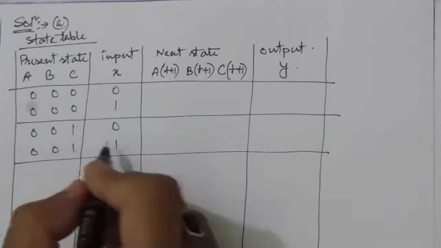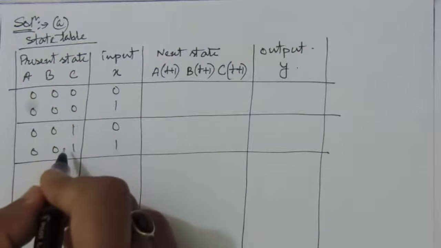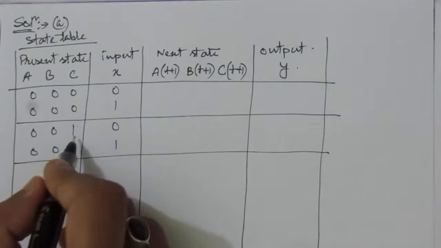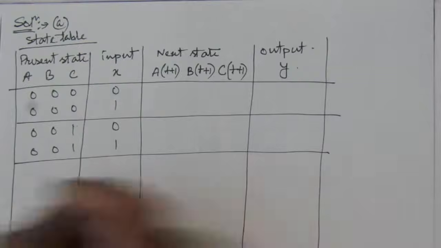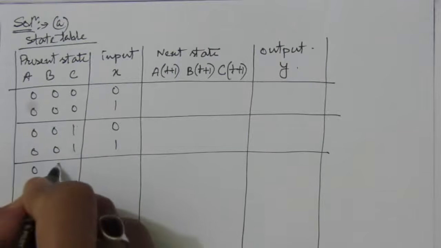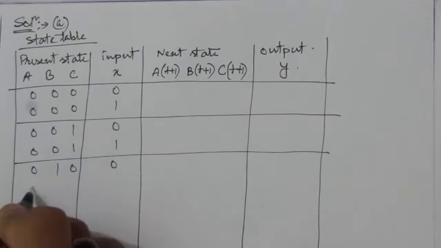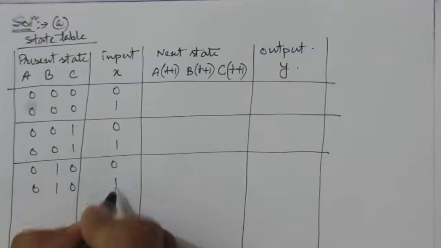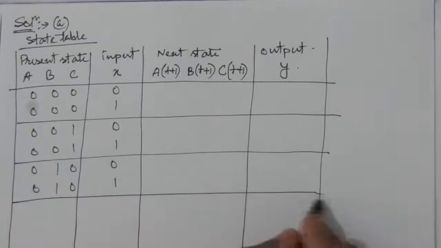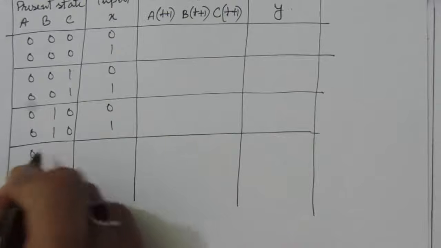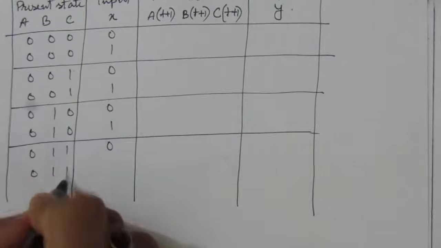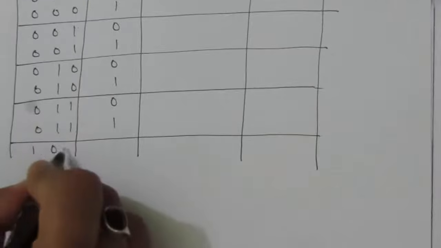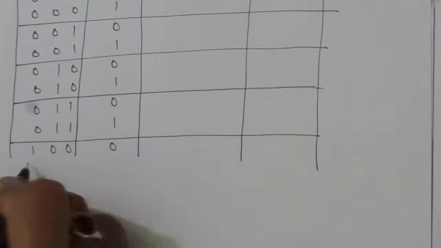This means the present state is 001, and for input 0 and 1 we have to find the next state and the output. Next we'll have 0100, 0101. Here also the same. Next we'll have 0110, 0111, 1000, 1001.